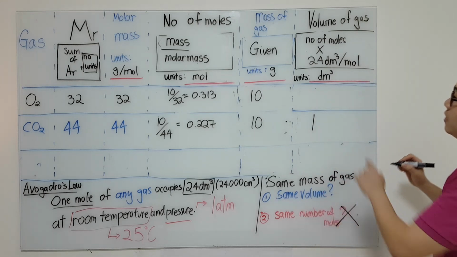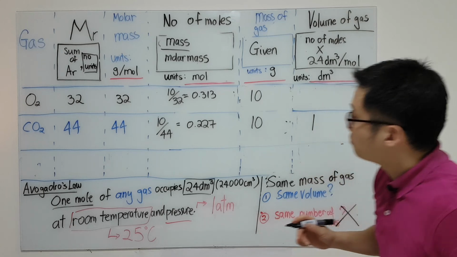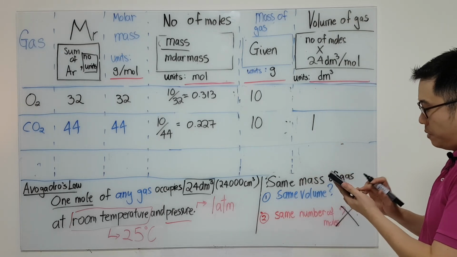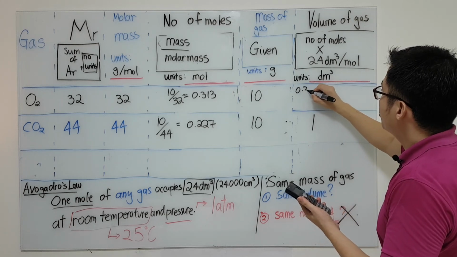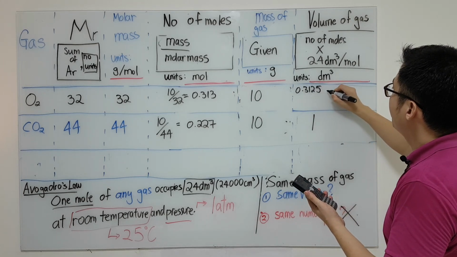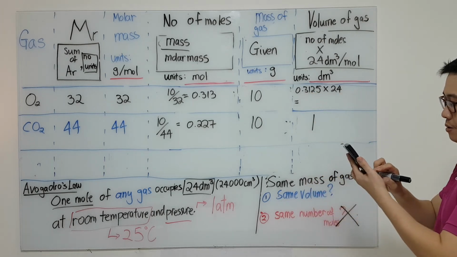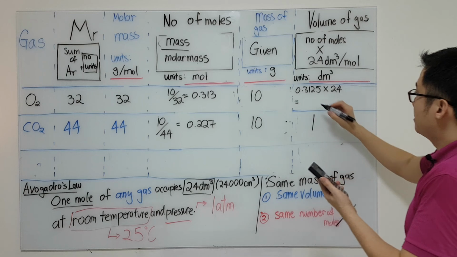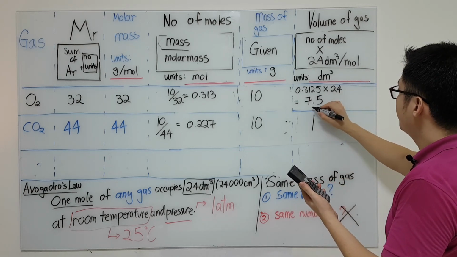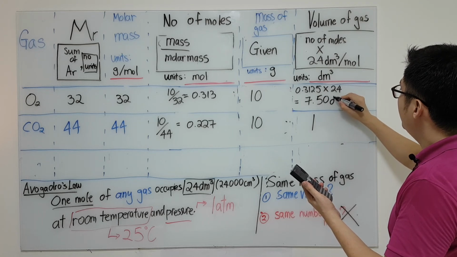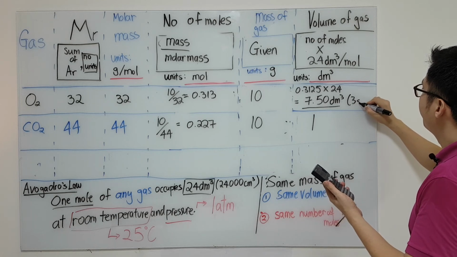When I'm doing my calculation, I want to be more accurate, so I will do 0.3125 times 24. And this answer now becomes 7.50 dm cubed in 3SF.